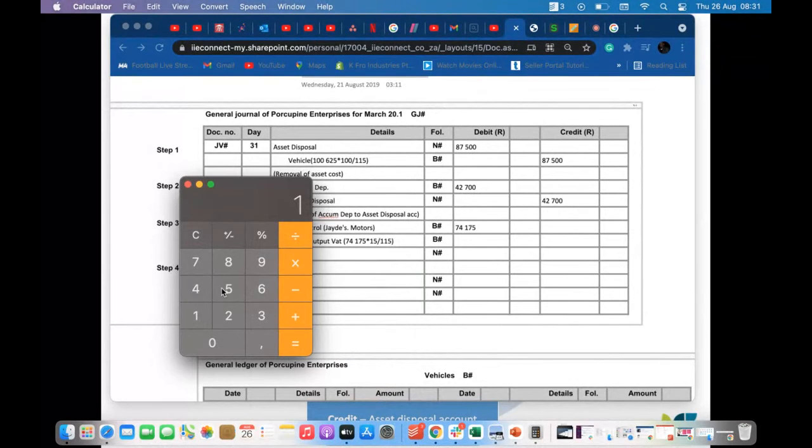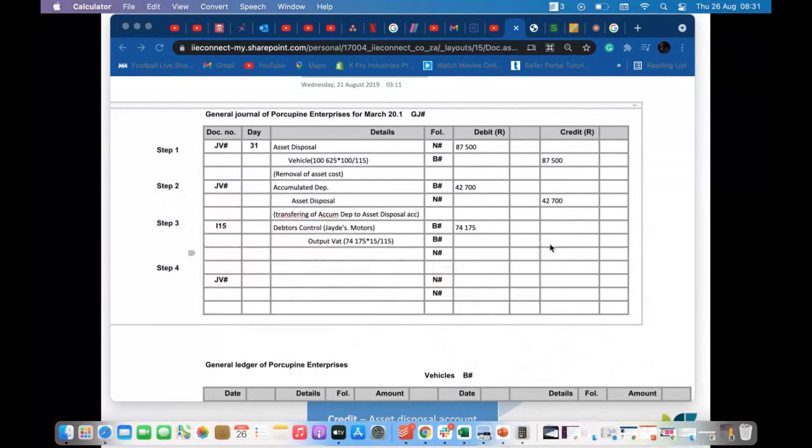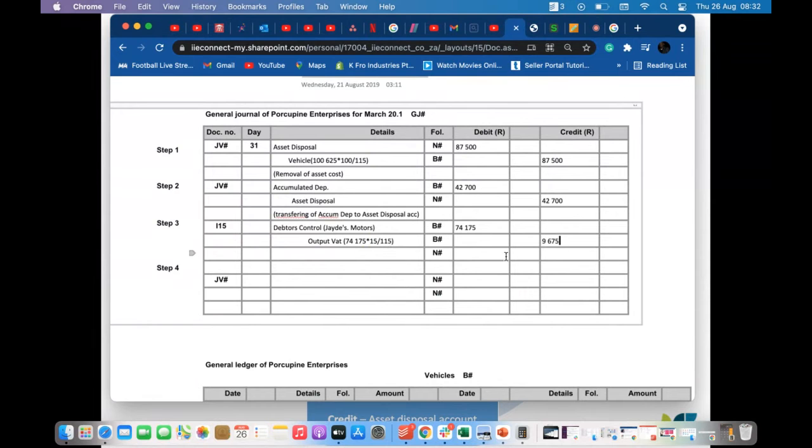So we're saying 15, we want the VAT portion, divided by 115, because we know this amount is inclusive of VAT, then times 74,175. Boom. And we get 9,675. Now we know the difference between those two will then go to the asset disposal account.